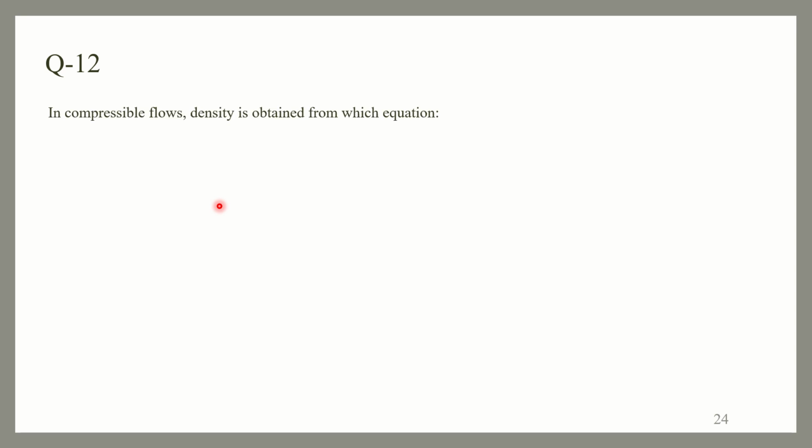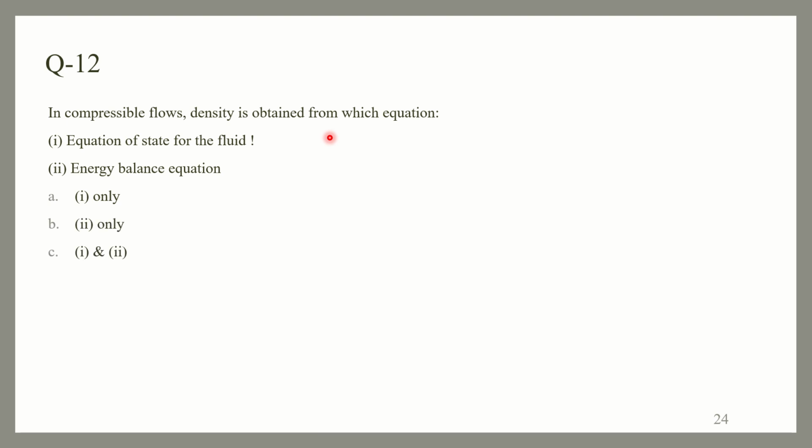In question 12, it is asked that in compressible flows, density is obtained from which equation? Equation of state for the fluid, energy balance equation, 1 only, 2 only, 1 and 2, neither 1 nor 2.